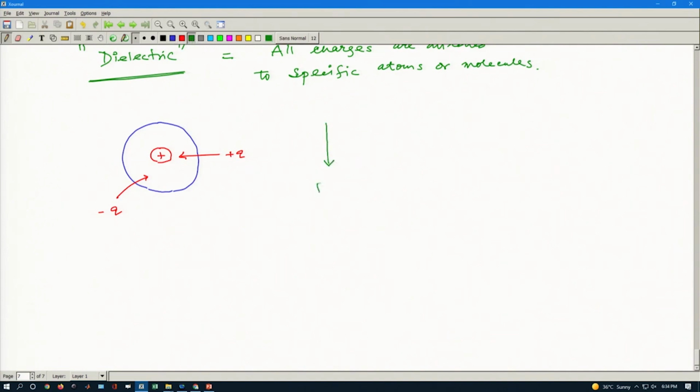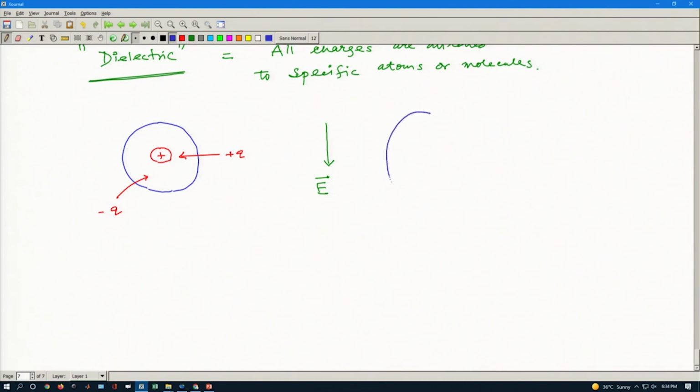Suppose I have some external electric field, and it induces some dipole. The plus charge and minus charge will have a tiny separation.